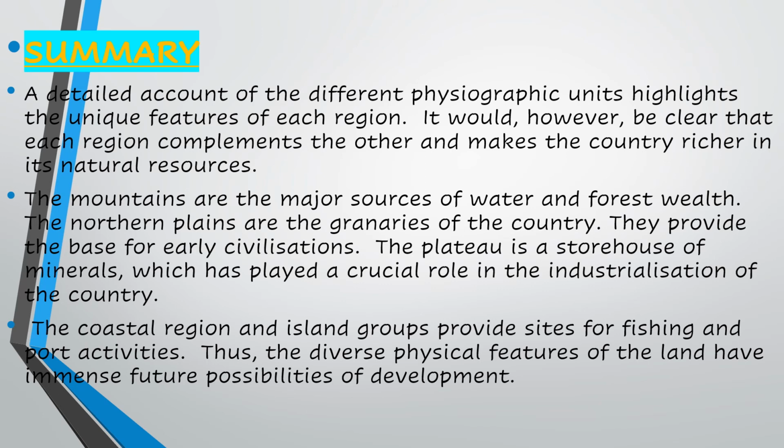So the East Gondwana drifted away from the West Gondwana, and the East Gondwana consisted of the Indo-Australian plates. When these plates moved away, they went and collided with the much bigger Eurasian plates, children.